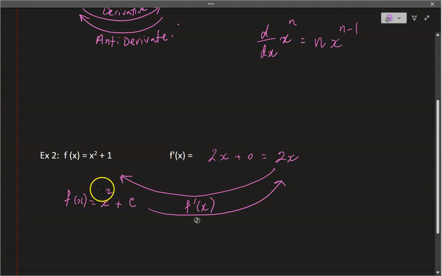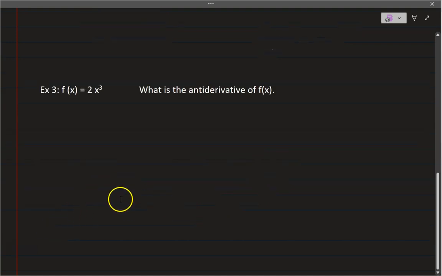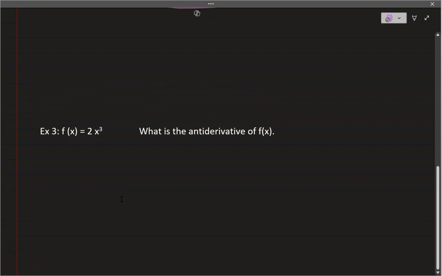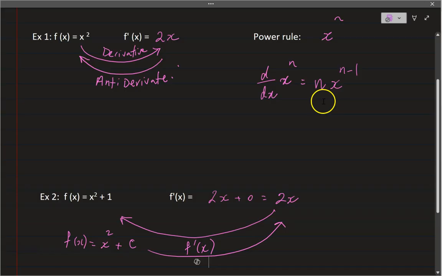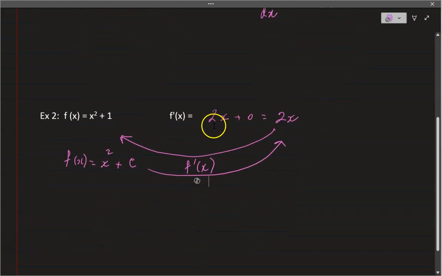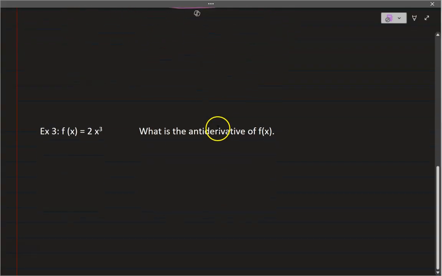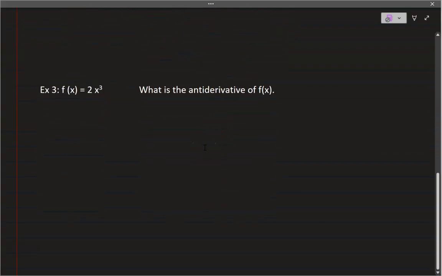Okay, let's do another example. Now this example is interesting because now we're going to go backwards. So we're going to use this power rule here, n x to the n minus 1, but we're going to go backwards and use that to find the actual original function. So now this is the function that is a differentiated function.